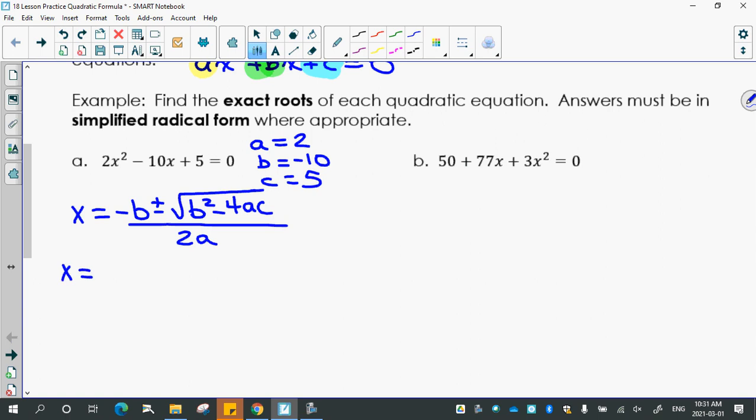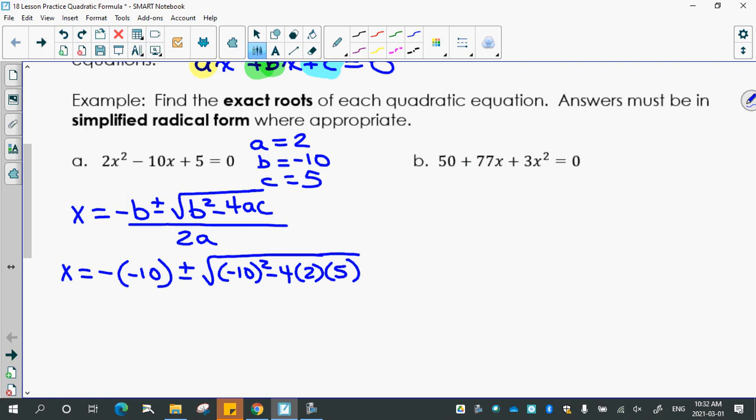So I'm substituting in b as negative 10. When you substitute, use brackets. So that's what that would look like. Plus or minus the square root of negative 10 squared minus 4 times 2 times 5.